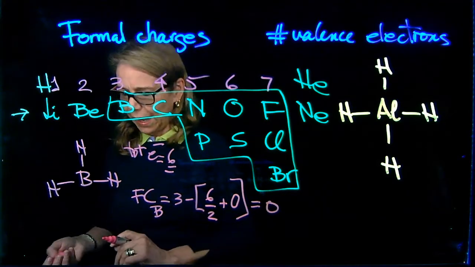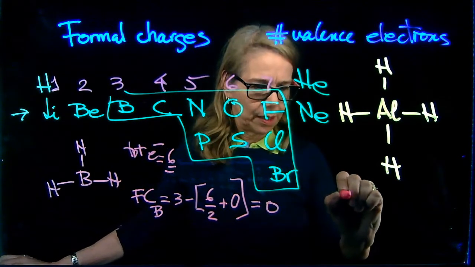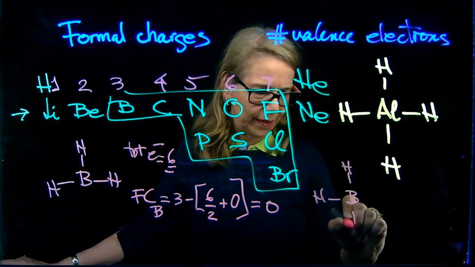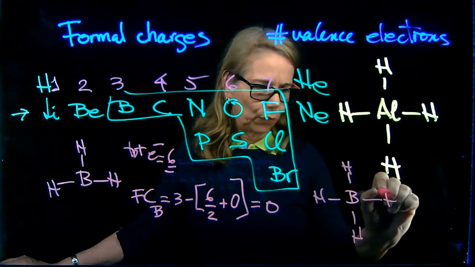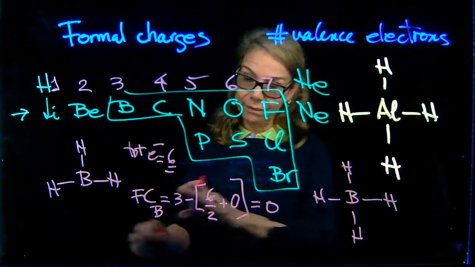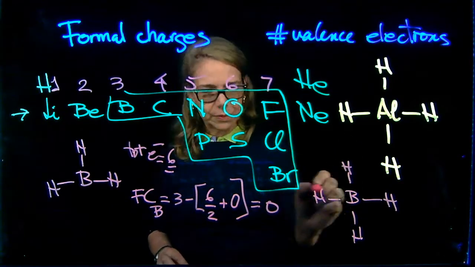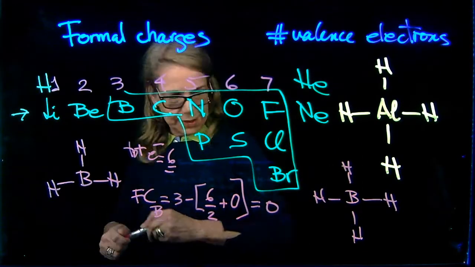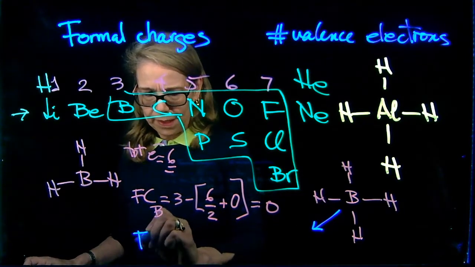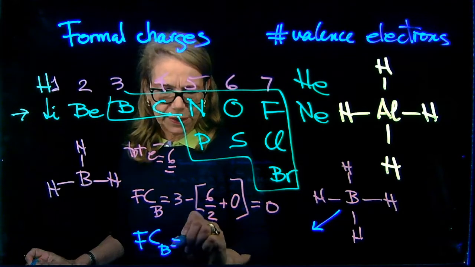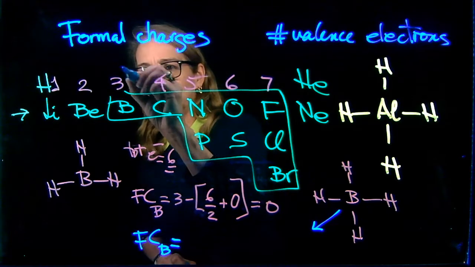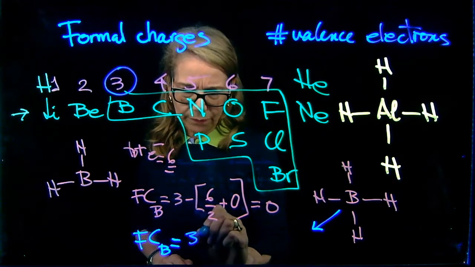Now, if we had this compound, now I have boron with 4 bonds. We're going to do the same strategy here. So formal charge, again, of boron. What we need to know, first step was number of valence electrons. So boron is here, so it is 3, same as before.